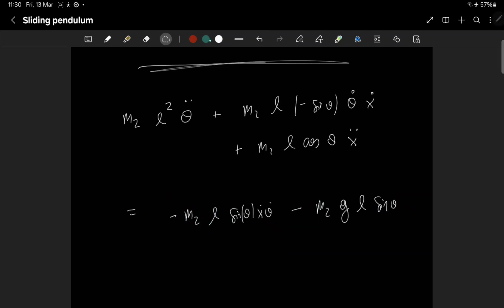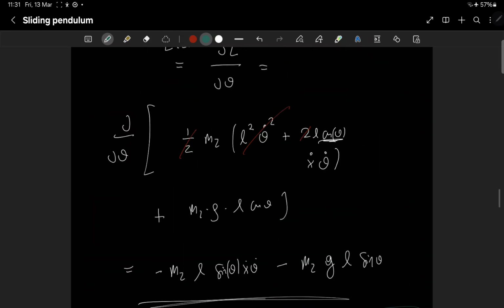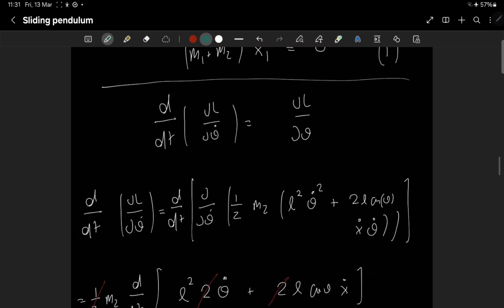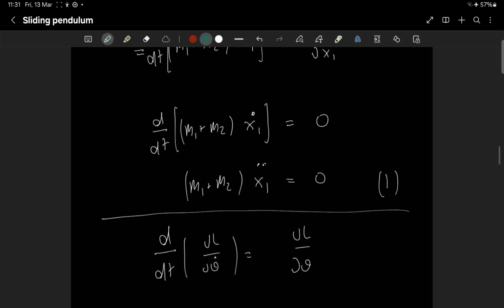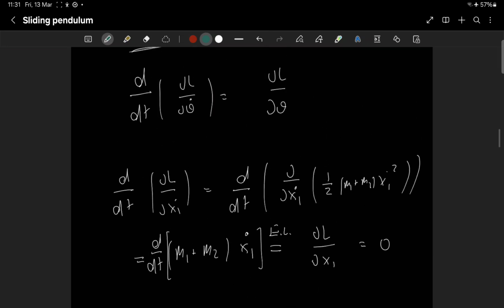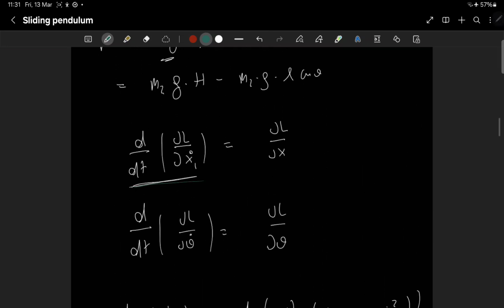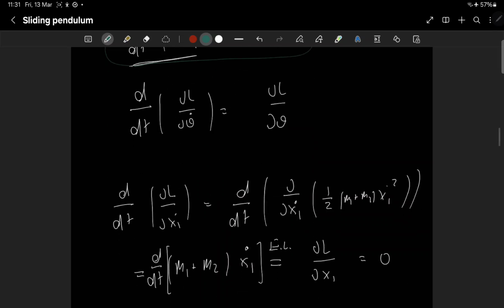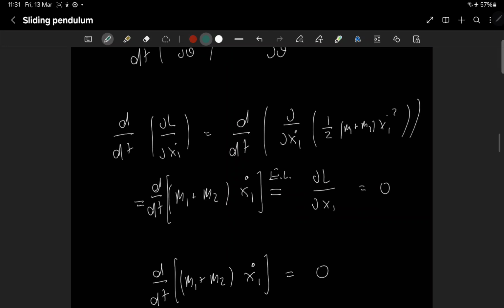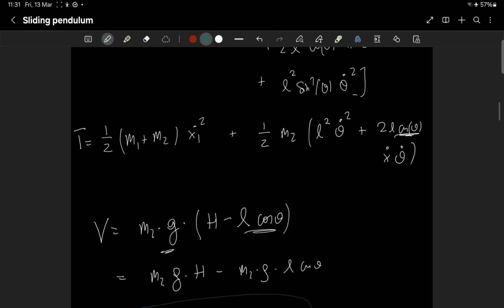This is the second Euler-Lagrange equation, and we have to take a look at the first Euler-Lagrange equation again, because I noticed there was a mistake. I said initially over here that the Lagrangian does not depend upon x. Let me see one more time.